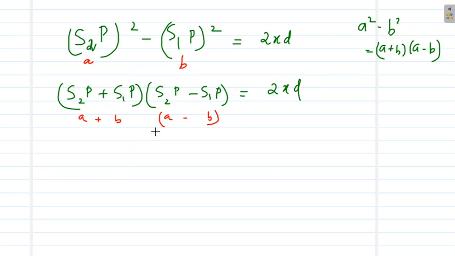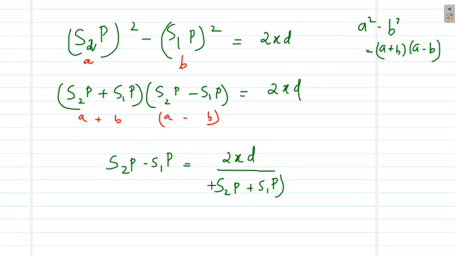Now let us write the equation for S2p minus S1p. That will be equal to 2xd divided by S2p plus S1p.